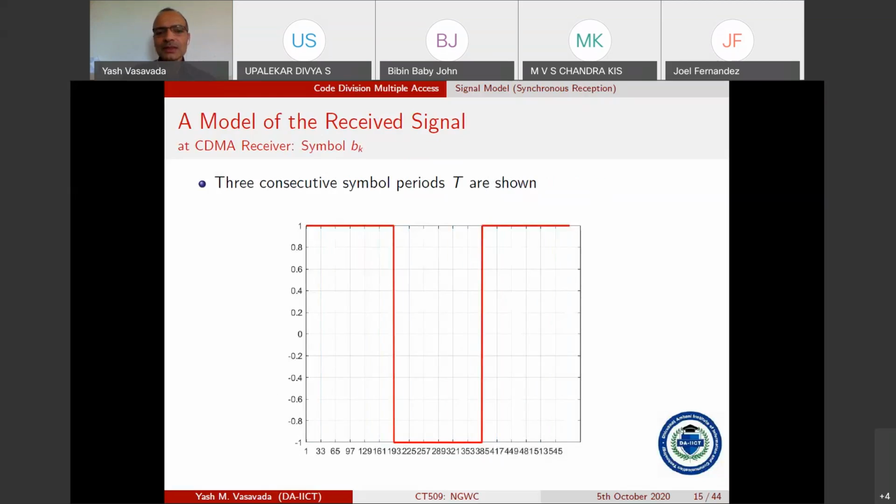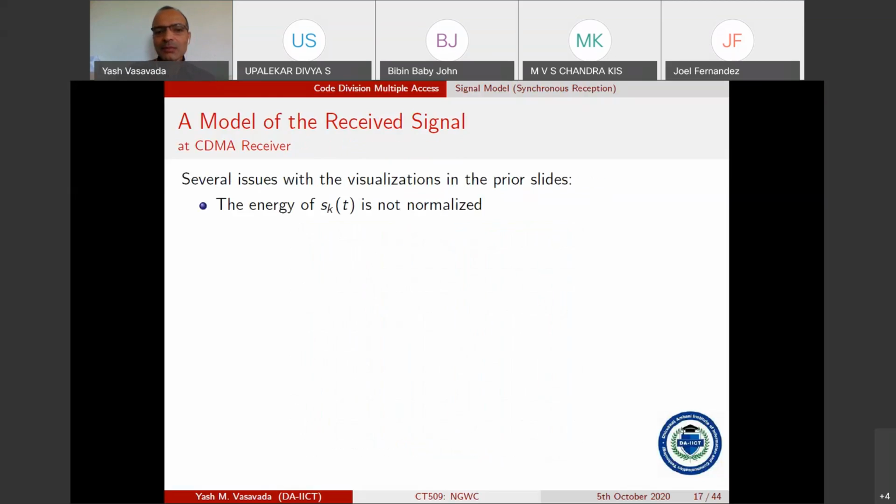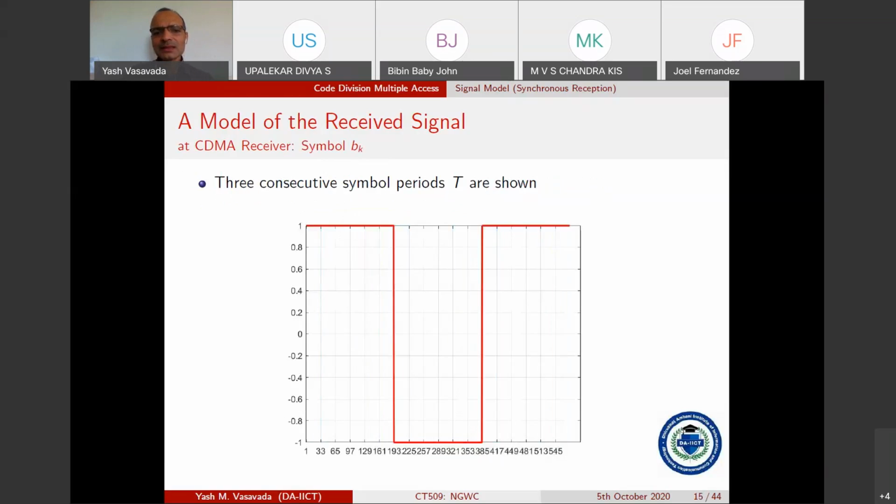And that has to do with this diagram. So remember, we said that even our symbols are going to be assumed to be having unit energy. So I cannot really say that this first symbol is unit energy, because by the same logic, even this symbol has energy of 192.